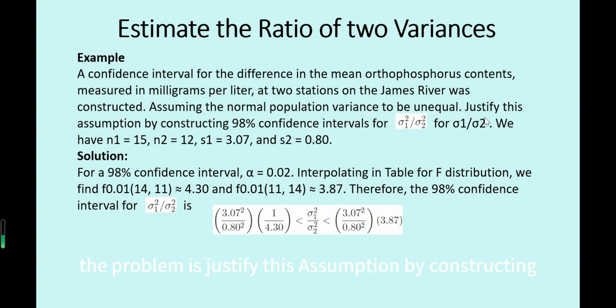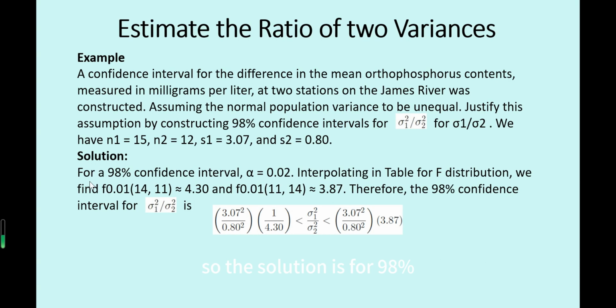The problem is to justify this assumption by constructing a 98% confidence interval for sigma 1 square by sigma 2 square, and also for sigma 1 by sigma 2. We have sample sizes n1 is 15, n2 is 12, and sample standard deviations S1 is 3.07 and S2 is 0.8.